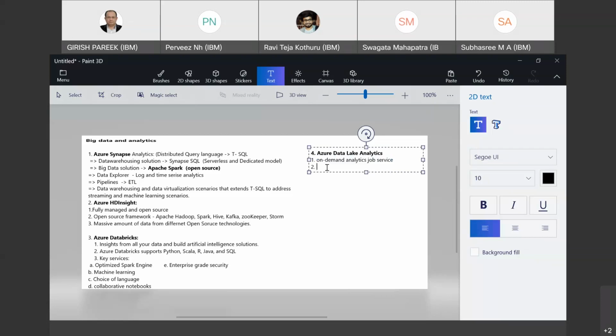Without hardware, without VMs, without clusters, you can process your data. You can process large amounts of data in seconds.